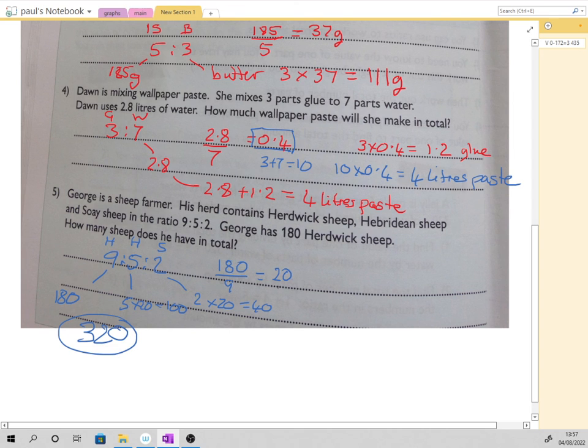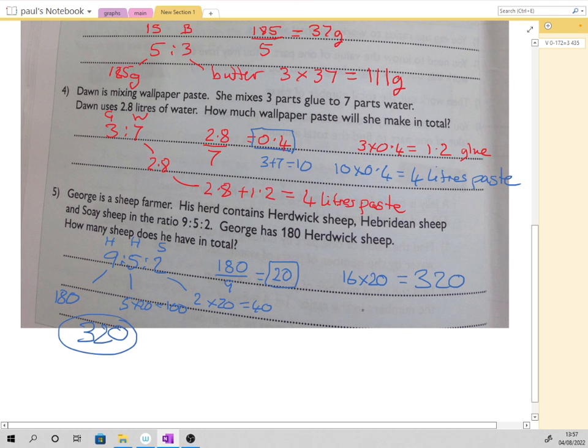Now, the other way we could do it, once we've got the 20, we could add the ratio parts up: 9, 14, 16. So we get 16 lots of 20, which equals 320 sheep altogether.